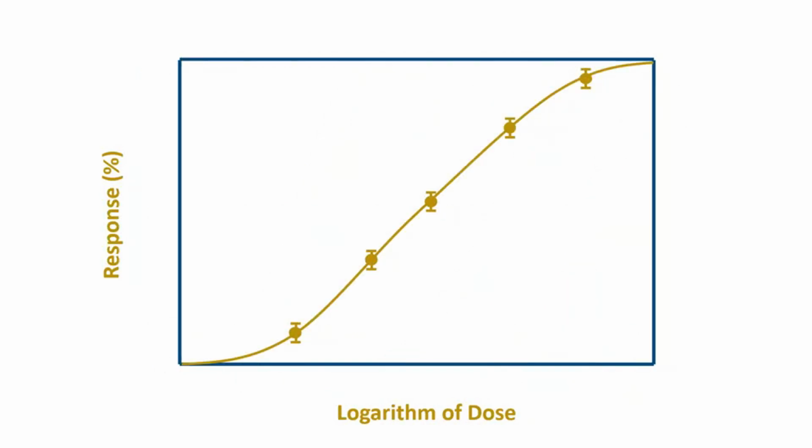Going back to our original logarithm of dose versus percentage response curve, we now see that if we had some data, what we would like to do with that is fit this trend. So say at the 50% mark, we could make a prediction. Say here would be the place where we have either the ED50 or the LD50, depending on if this is an effective dose curve or a lethal dose curve.